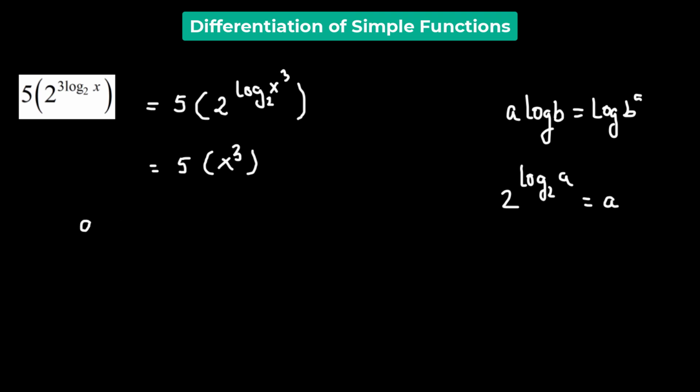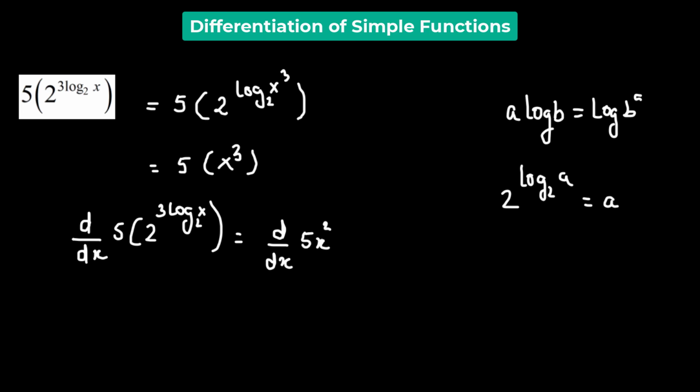So when we find the derivative of our original function, which is 5 times 2 raised to the power of 3 log of x with the base of 2, this is equivalent to finding the derivative of 5 times x cubed. Now 5 being a constant, we can pull it out of the derivative, so this becomes 5 times the derivative of x cubed.